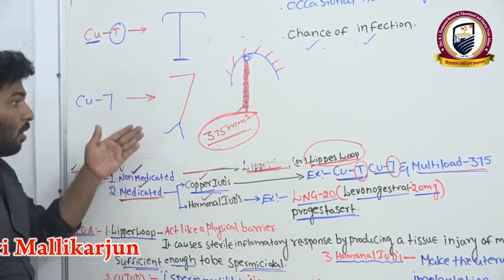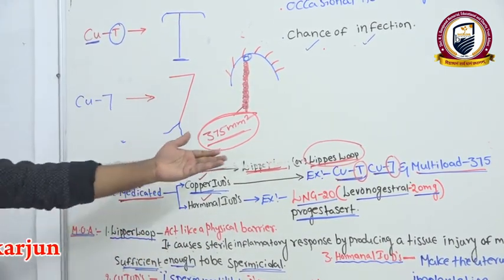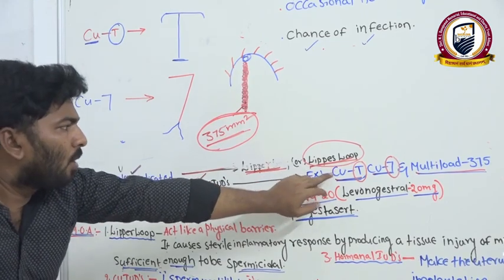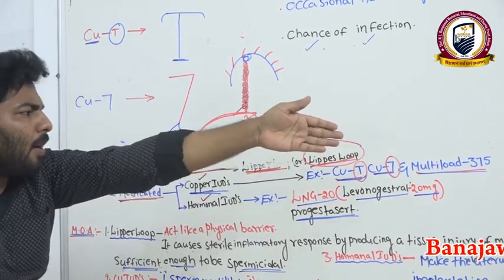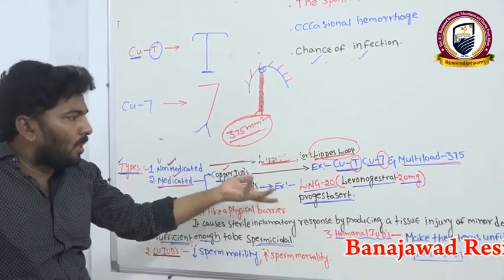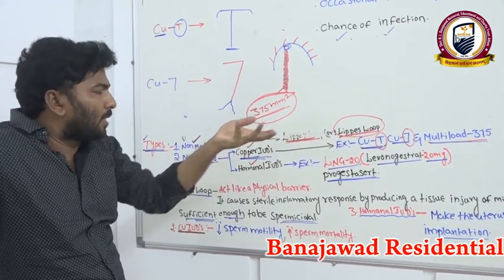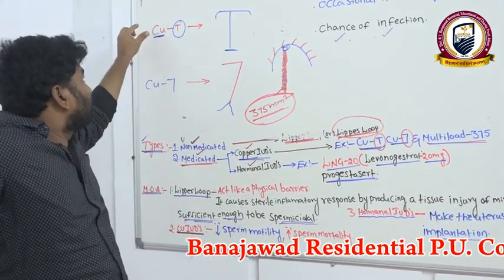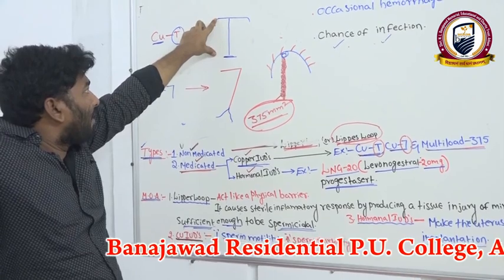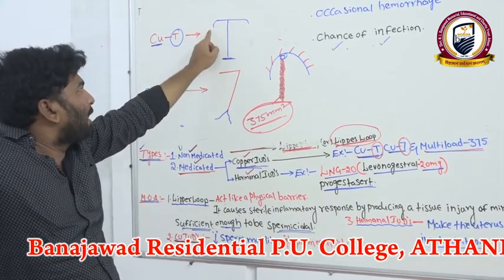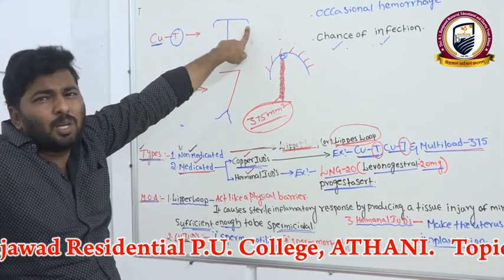Clear. Now, some members were asking, all the mechanisms are similar, no sir? Why do they make different varieties in this category? What is the need? The main thing is that copper T has some disadvantages; maybe it ruptures the uterus wall.